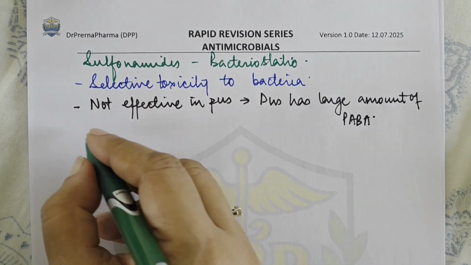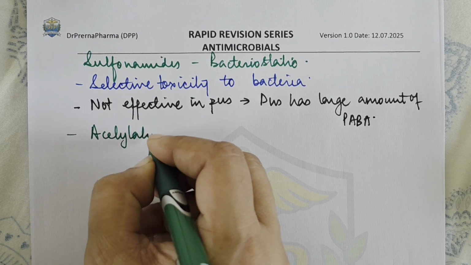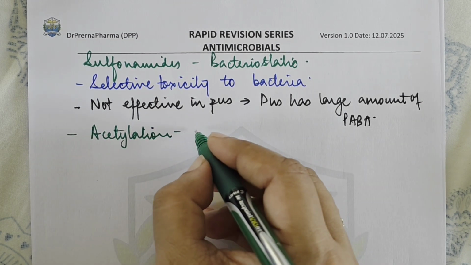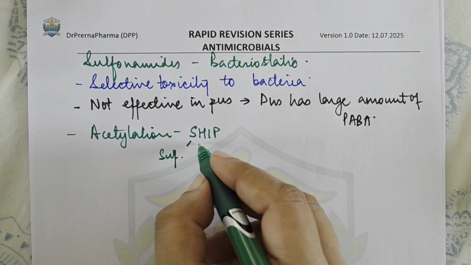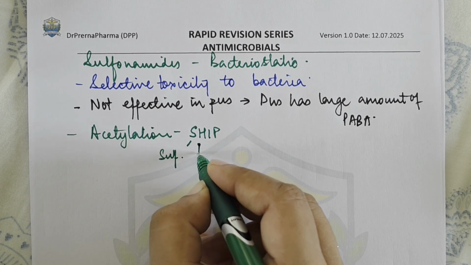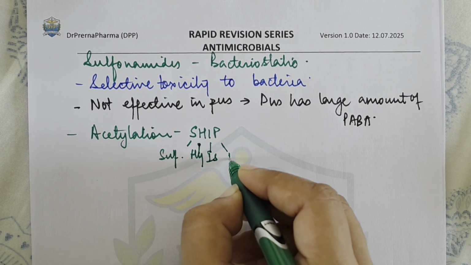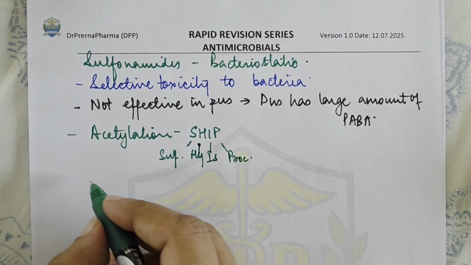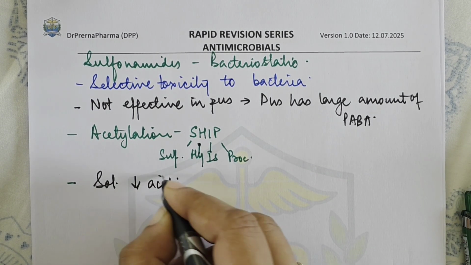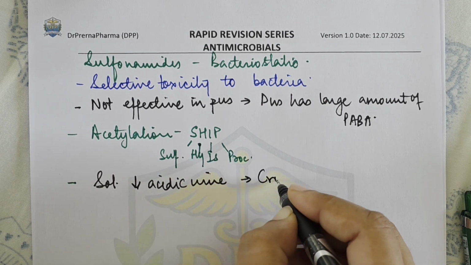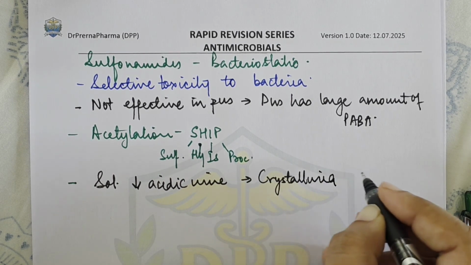Then these drugs are metabolized by acetylation, and as we have earlier also drawn, the drugs undergoing acetylation are sulfonamides, which include dapsone, hydralazine, isoniazid and procainamide. Next, the solubility decreases in acidic urine, and so it causes crystalluria.